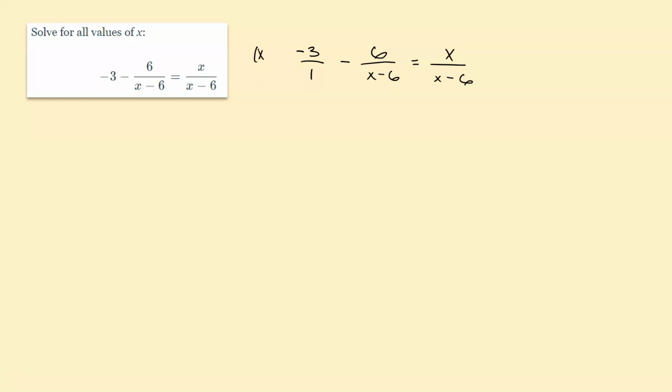So I'm going to multiply this left fraction by that. So then they'll all have an x minus 6 in the denominator. So this negative 3 times x minus 6 is negative 3x. And then negative 3 times negative 6 is plus 18.